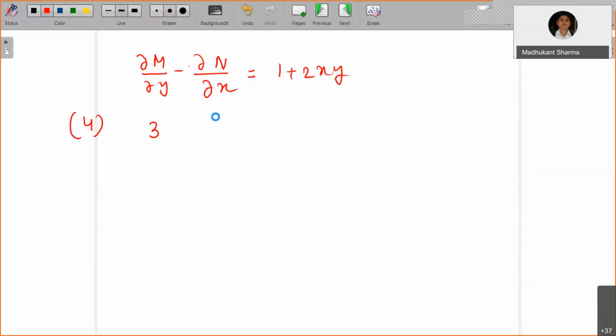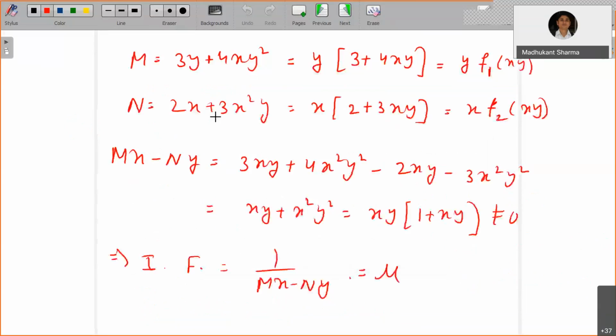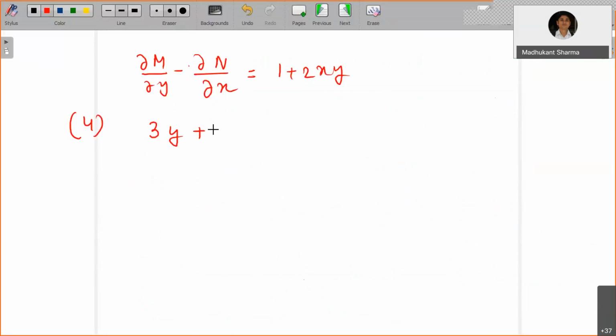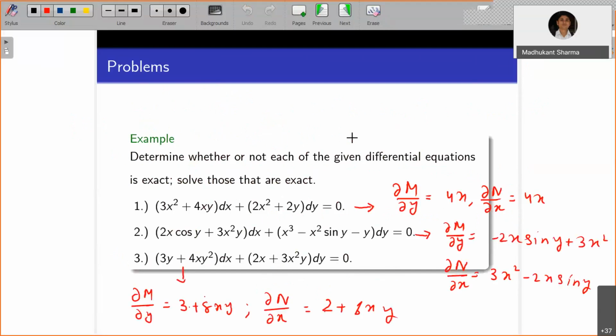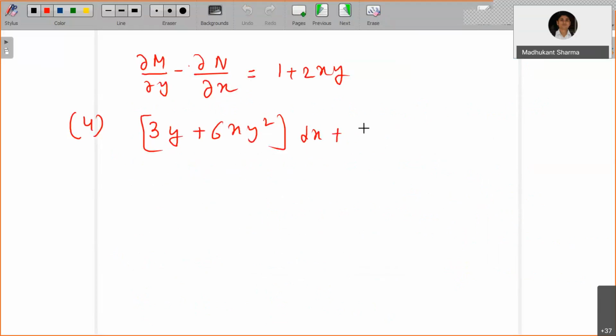I have 3y plus, let's say, 6xy squared dx plus 2x plus 3x squared y dy equals 0. Now we certainly fall into the previous category. There is no other doubt about it now. y into a function of x y, x into a function of x y. So I have changed this 4 into 6.